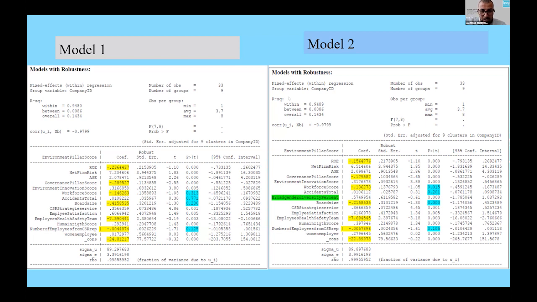environmental innovation score, that the presence of board gender diversity, or the mixity in the board of a company, ameliorates the impact on the environment innovation score and on the governance pillar score.